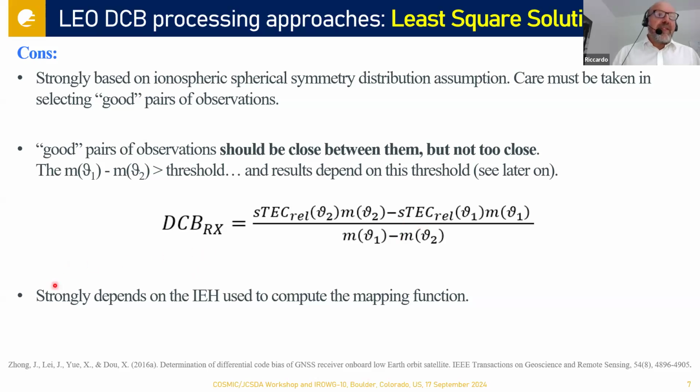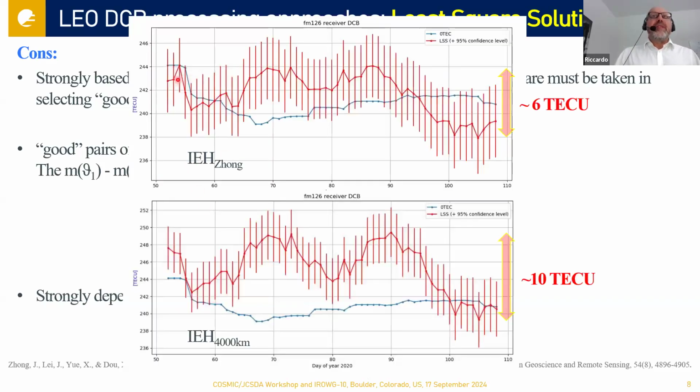Another very bad con of this technique is that, unfortunately, it strongly depends on the selection of the ionospheric effective height. Here is an example of the EUMETSAT processing. In red is a daily DCB time series estimated with the least square solution approach, when the ionospheric effective height is supposed to be 1,300 kilometers.